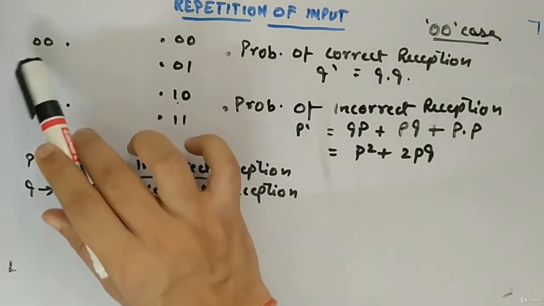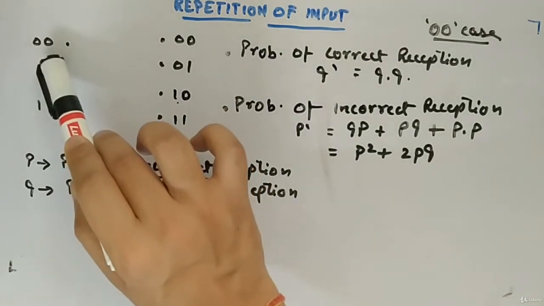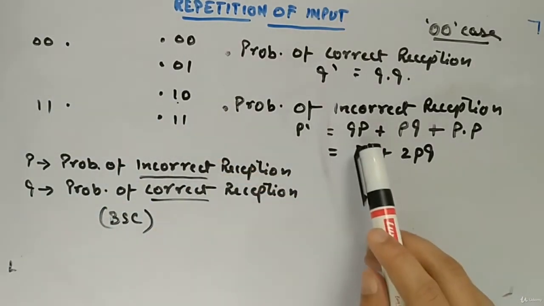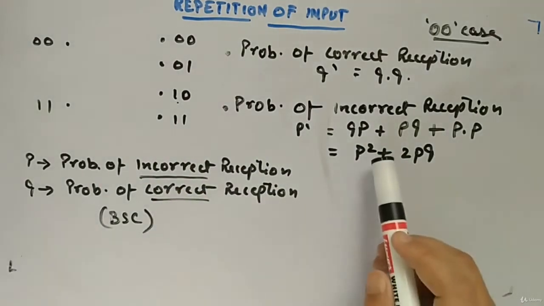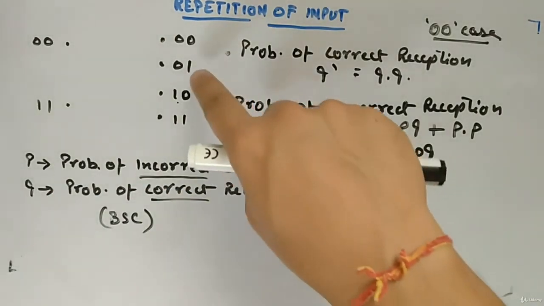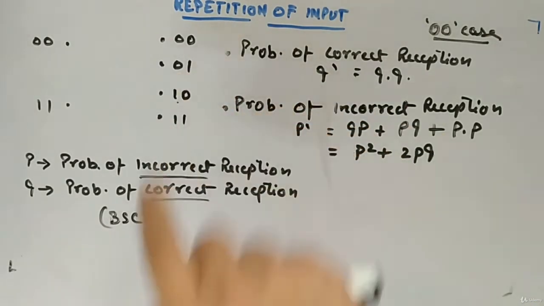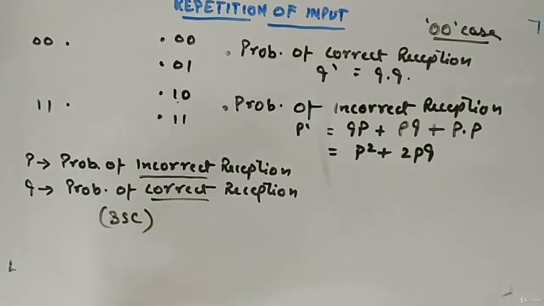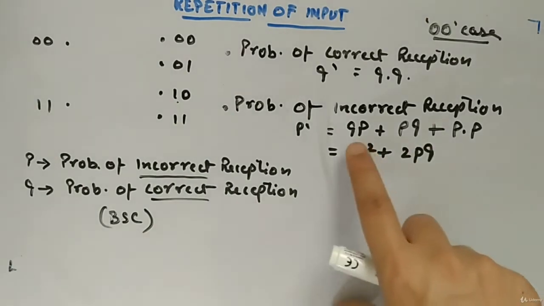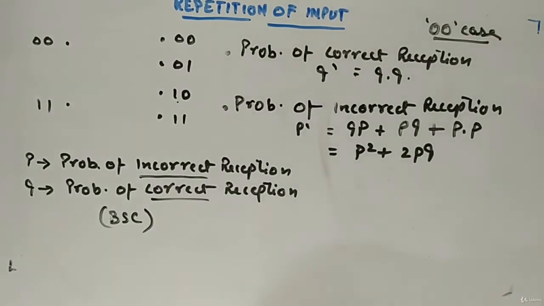If you send 0 and receive 0, that means Q. If you send 0 again and receive 1, that means P. When you receive this symbol, first there is incorrect, then there is correct reception. So PQ instead of QP, since they are scalars, you can consider it the same.